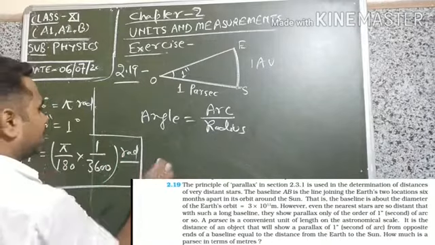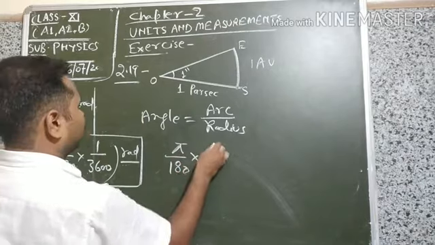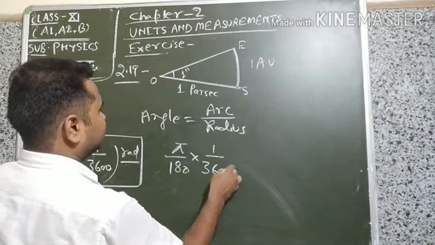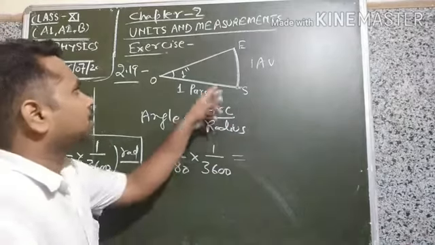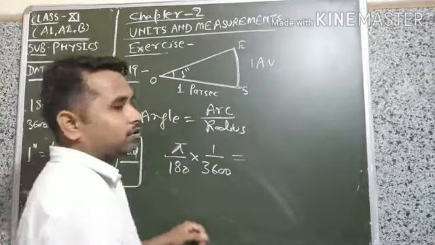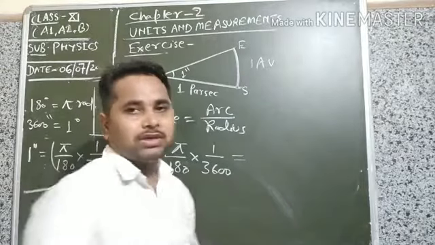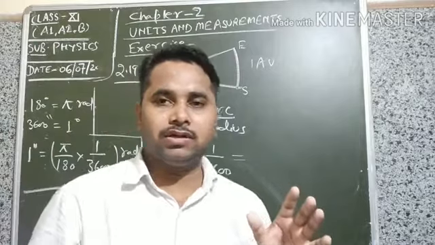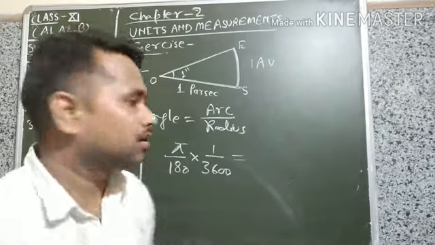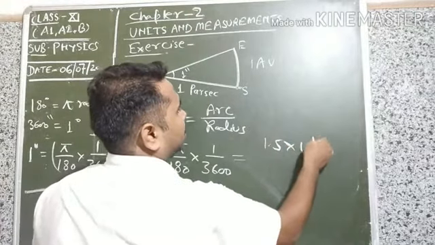Angle equals pi by 180 into 1 by 3600, in radian, equals arc equals 1 AU, and you know the value of 1 AU. 1 AU is the astronomical unit, and is near about 1.5 into 10 power 11 meter.